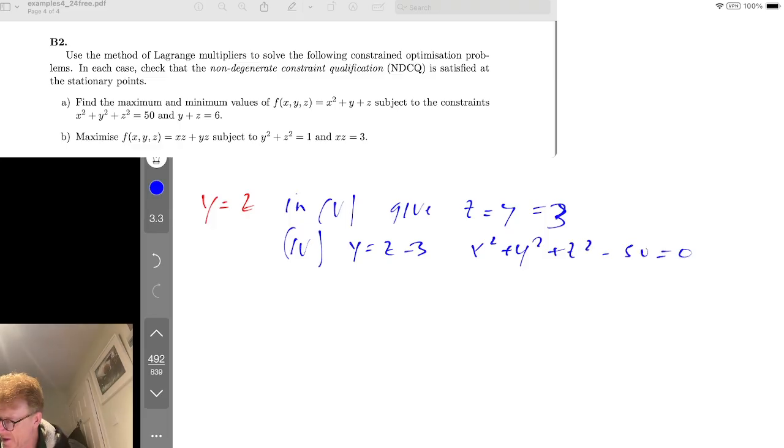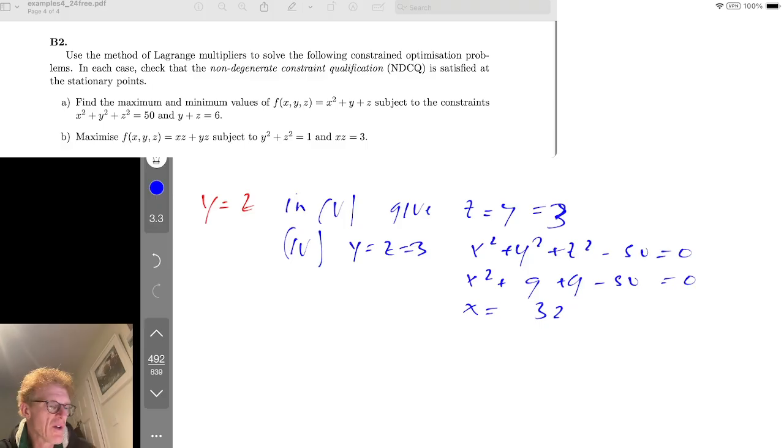So x squared plus 9 plus 9 minus 50 is 0, so x squared is 32. That is 16 times 2, so x is plus or minus 4 square root of 2.